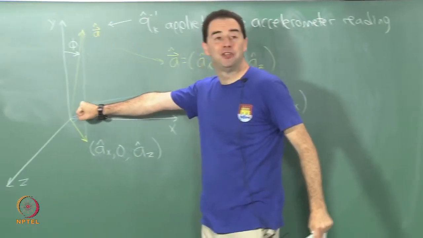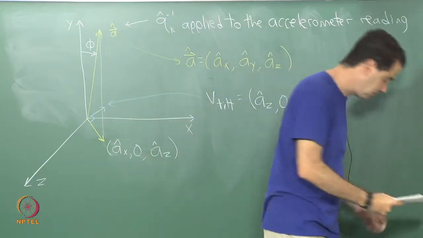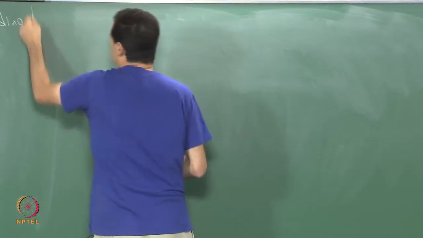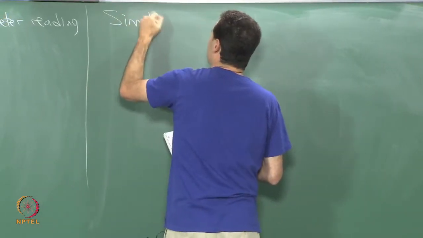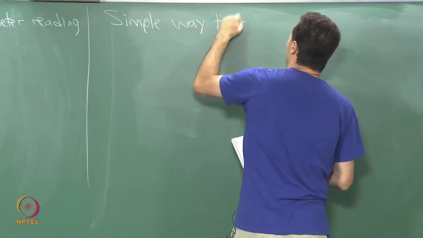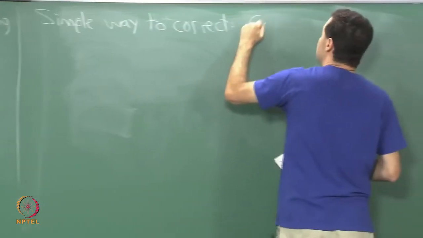What I want to do is grab onto this and perform a correction by performing a rotation. Now, as I said, I do not want to perform the entire corrective rotation at once. So let me give you a very simple way to do the correction, and it's equivalent to many alternatives. A simple way to correct is to use what's called a complementary filter.